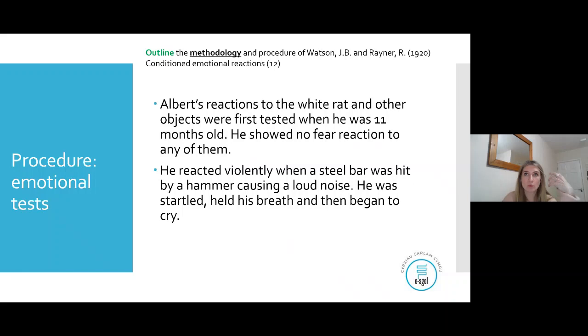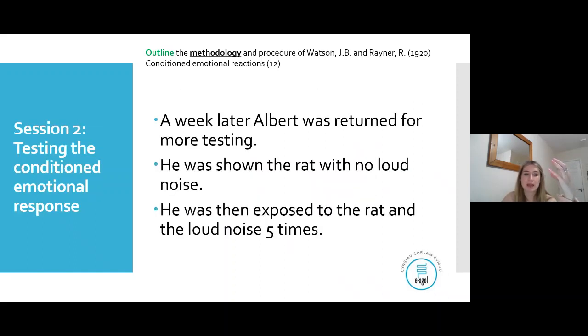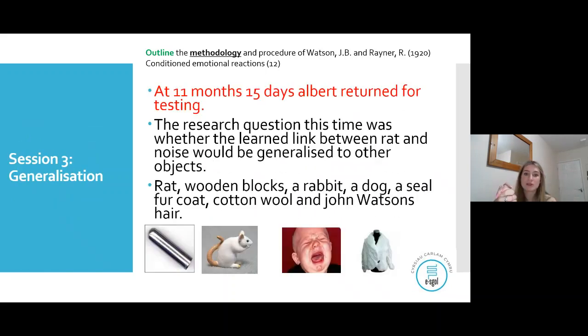They found out what he was scared of and found an object that he liked. Then he was given the rat and the steel bar was struck to get that establishing conditioned response. And then a week later, it was exposed to him 5 times. And then they wanted to know, has he made a generalisation?